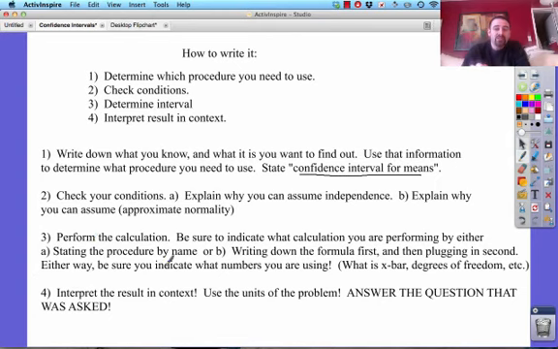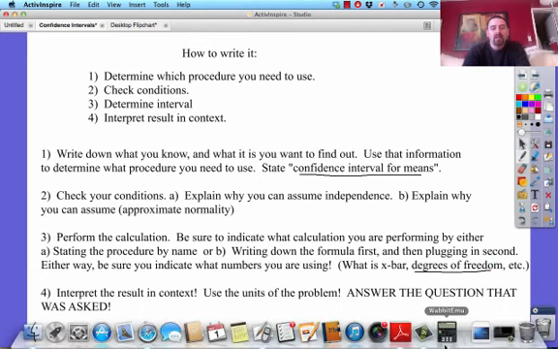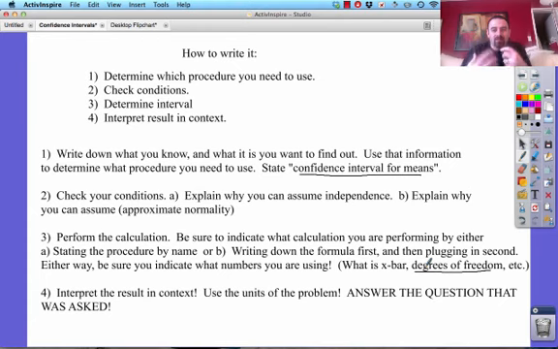If you're doing a t-curve, you must write down degrees of freedom. Okay, that's an important part. You need to write down what is going into the formula. Don't just give me an interval. Say this is x bar, this is s, this is n, these are my degrees of freedom. And then finally, interpret the result in context, answer the question that was asked. Okay, we're going to go over this quite a bit more in class, but now we've got our first complete theory here for inference. All right, good work, everybody.